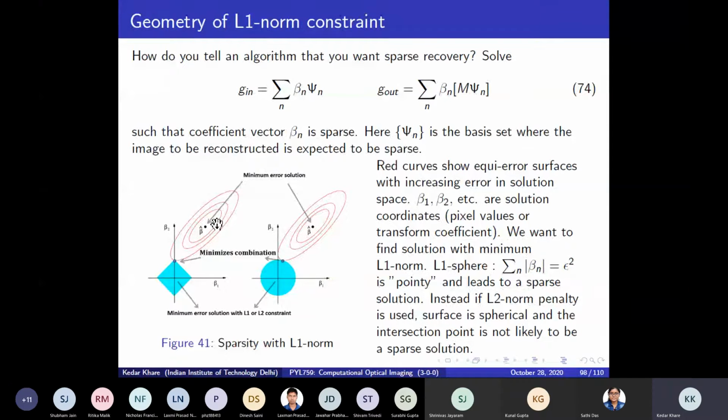Okay, and as you move away from this beta hat, you get a solution which has larger and larger error. And wherever these two cut, that intersection point is going to be the balance point where the total cost function will have a minimum.